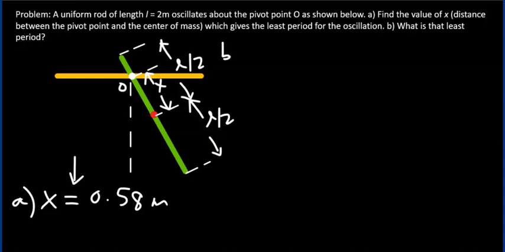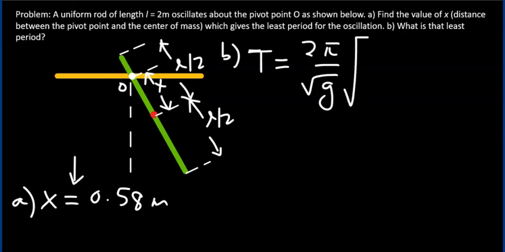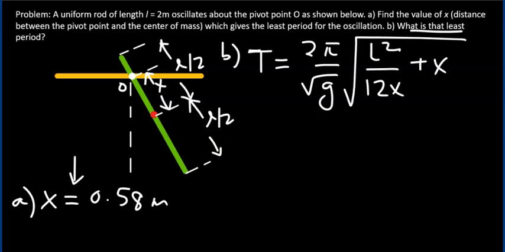Now let's do part B. Now remember the period expression that we derived a few minutes ago. It's given by 2π over square root g times the square root of (L²/12x + x). So to determine that least period, all we have to do is to substitute x inside that expression, and we will get that least period.